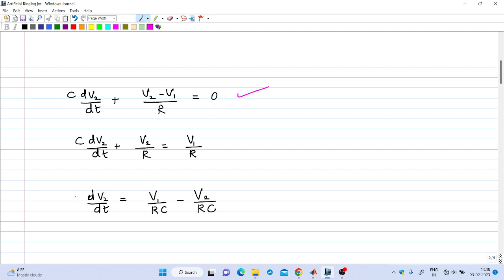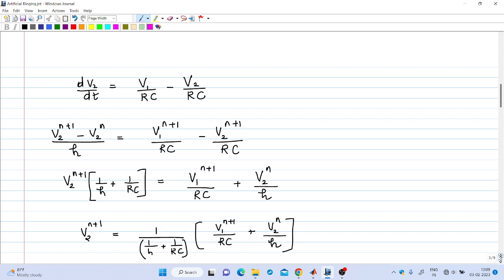Then after rearranging the terms, you can write the equation like this: dV2 by dt is equal to V1 by RC minus V2 by RC. Now let us use the backward Euler technique to solve this numerically.